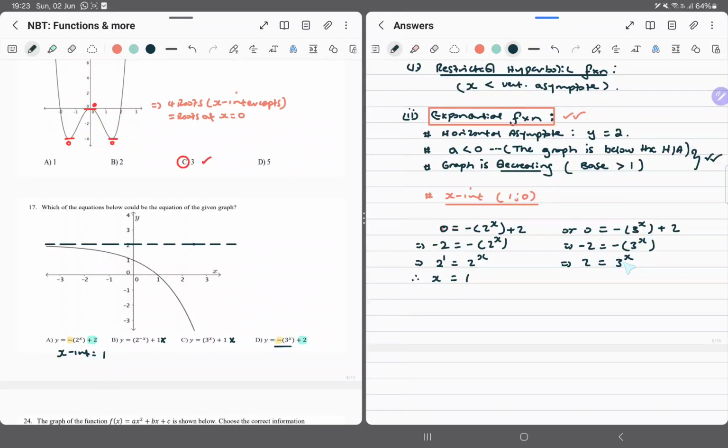And obviously here the bases are not equal. So we know for a fact that in this case, x is not equal to 1. At least we can say that. So that means this one is inadmissible for being a possibility.